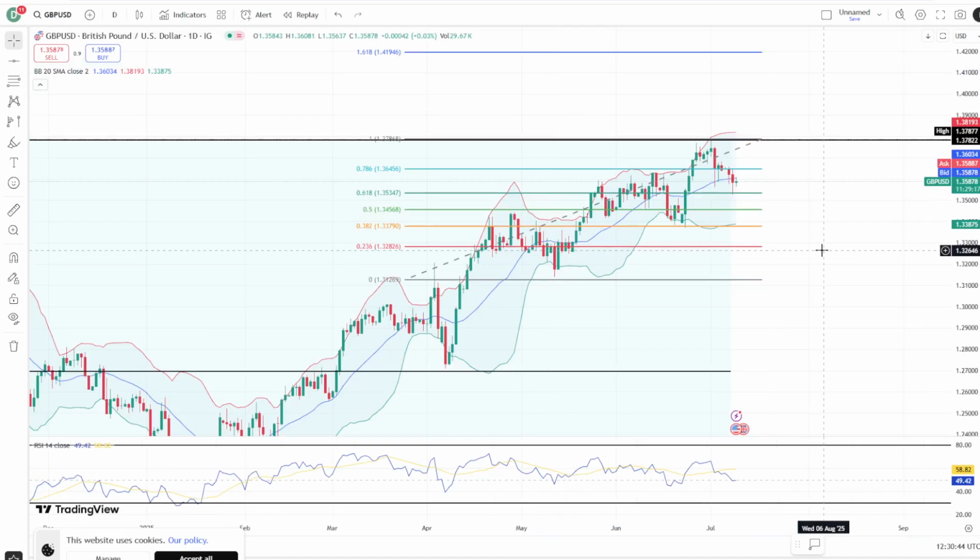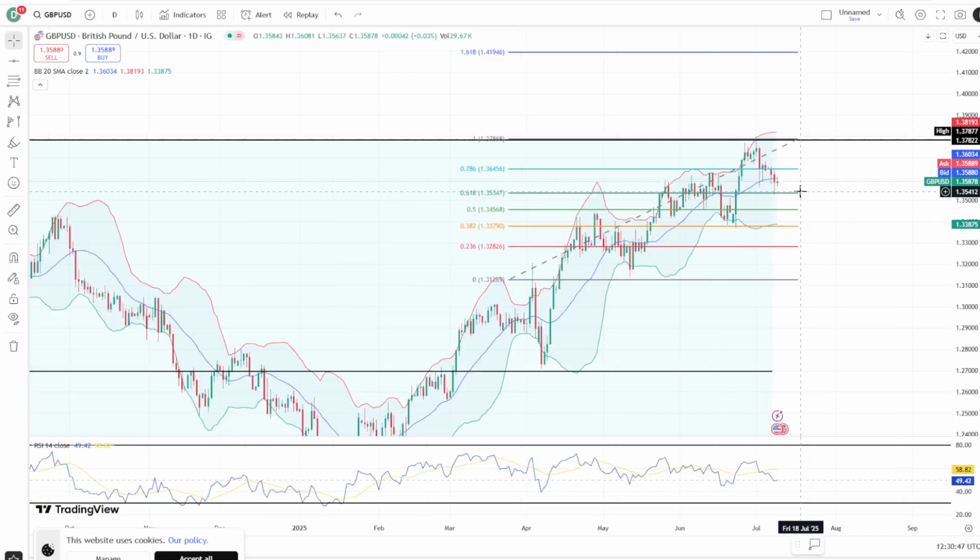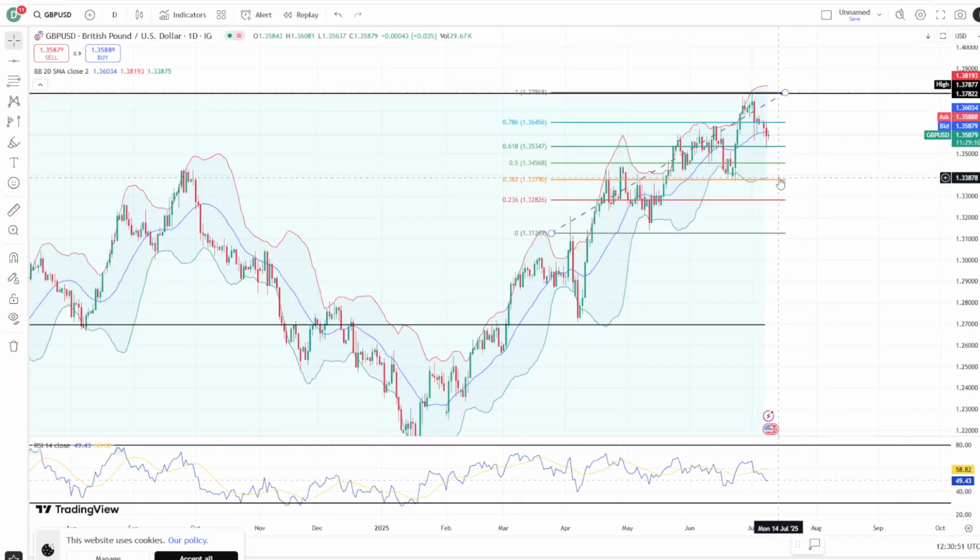We are here, and then we don't know, because we are in the middle of the Bollinger Band, and we don't know if we'll go all the way down to 134, or we will go all the way back up again.